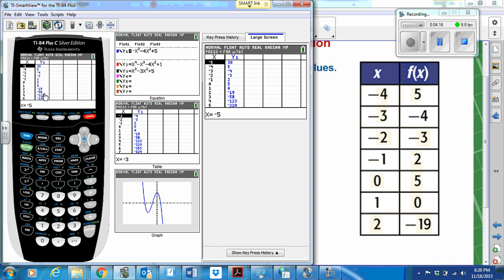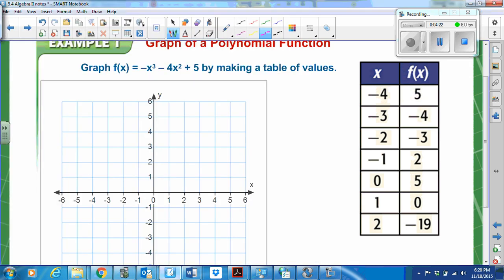So if we wanted to do a quick sketch of this graph, if we didn't see the graph that our graphing calculator was showing us right now, we would look at our table and say, okay, we have a 0 between -4 and -3, and we have another 0 between -2 and -1, and we have another 0 right at 1.